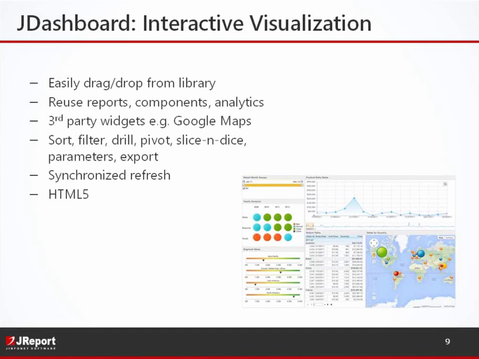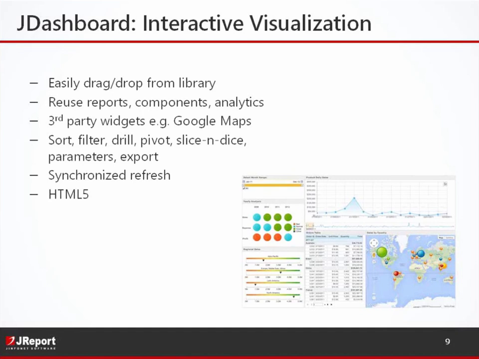You can simply drag and drop tables, crosstabs, line charts, or third-party applications such as Google Maps, weather, or any other component from your component library and just drop it onto the canvas. You can also add interactivity to the dashboard by features such as sorting, filtering, drilling, pivoting, and so on.